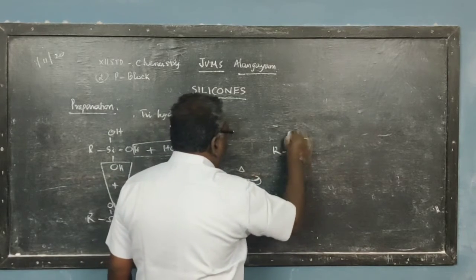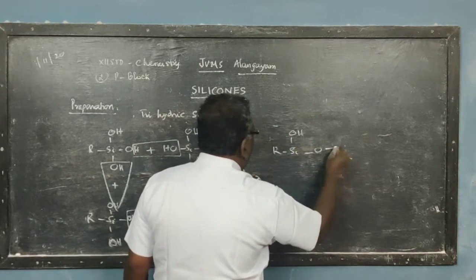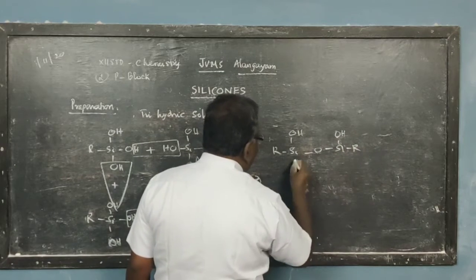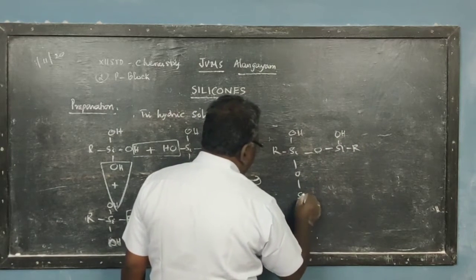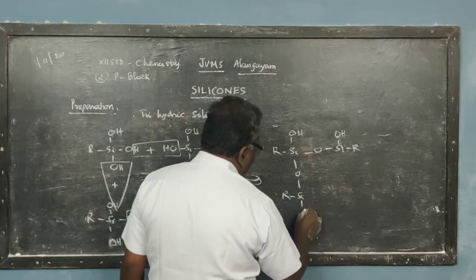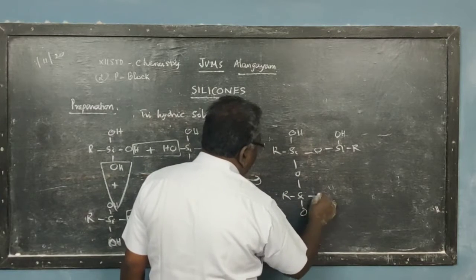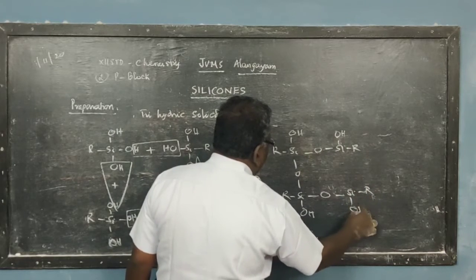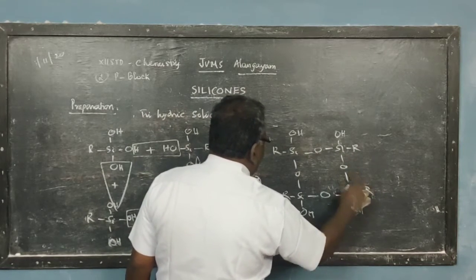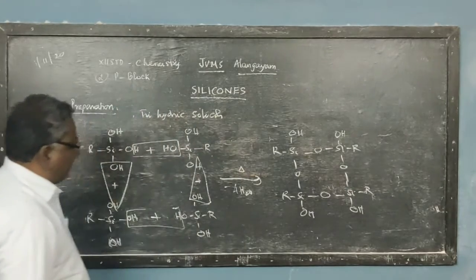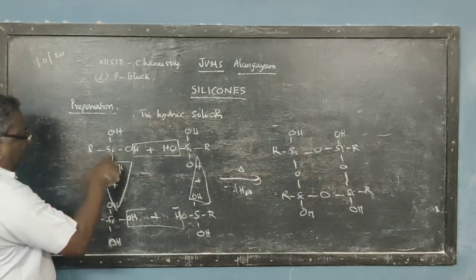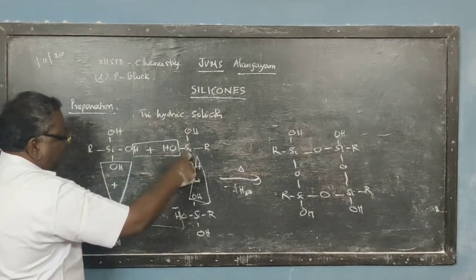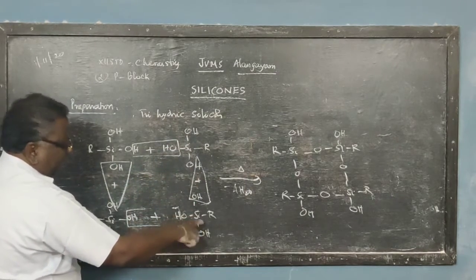So that's the structure: R, Si, OH connected by oxygen, then another R, Si, OH connected by oxygen, and it goes like this.